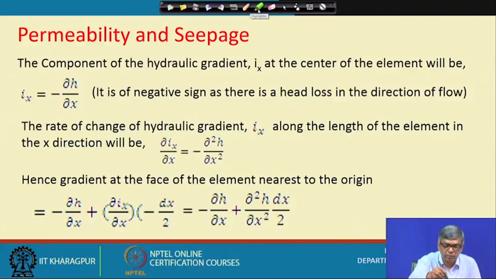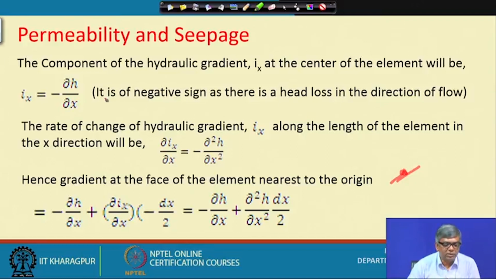If I take the element like this, and this is the midpoint, and this is the dx length, then this side is dx by 2 and this side is dx by 2. So, we are applying the equation at the midpoint, and Ix mathematically is the derivative of h with respect to x, with a negative sign, because head loss is there in the direction of flow.